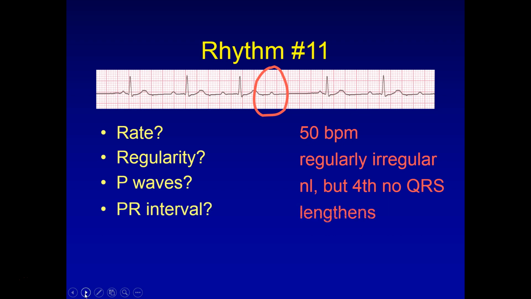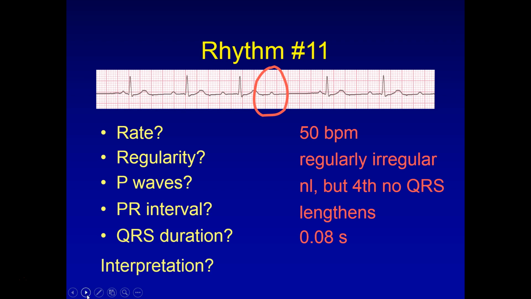My PR interval lengthens. My QRS durations are fine. Interpretation: this is going to be second degree AV block type 1, also known as Wenckebach, also known as Mobitz type 1.